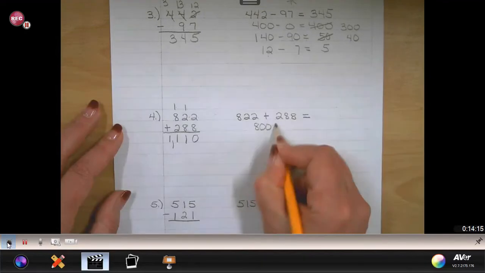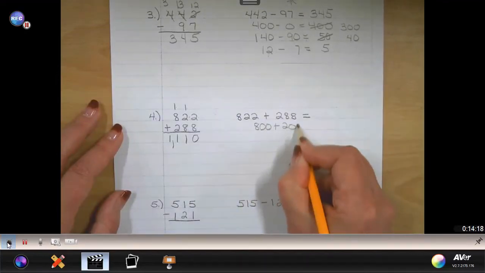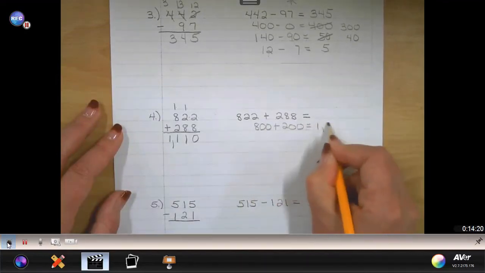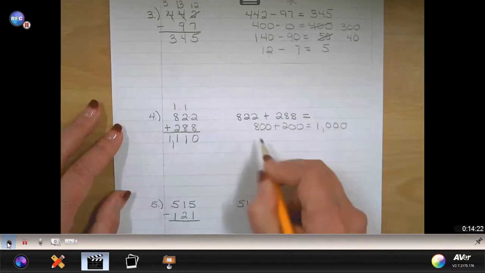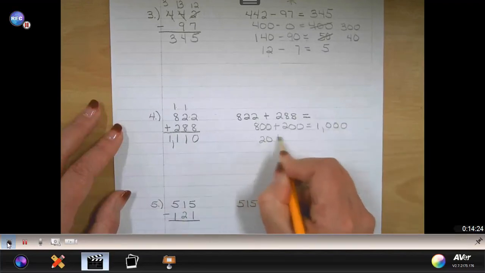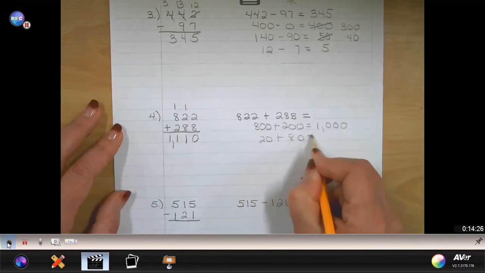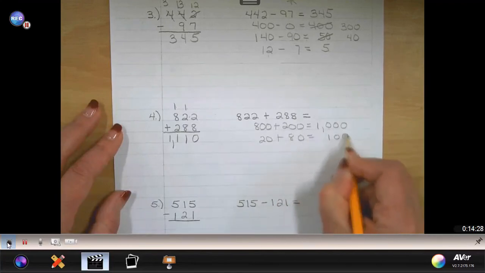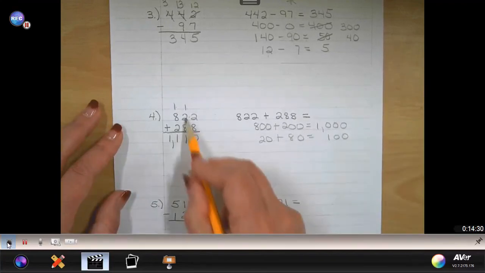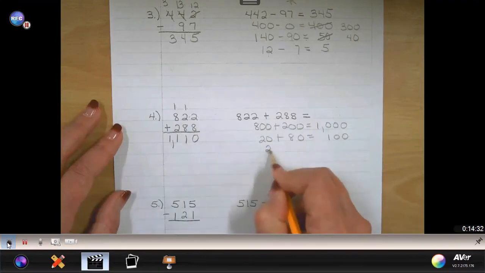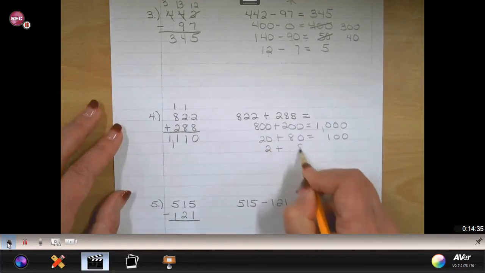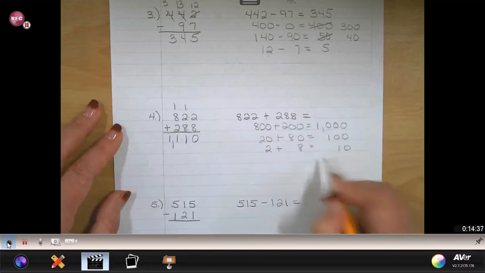Here we're going to do the same thing. We're going to start with our hundreds, which is going to be automatically 1,000. The 20 and the 80 are also going to give us our 100, which was here, and our 2 and our 8 is going to give us a 10.